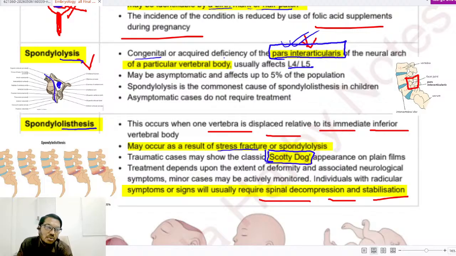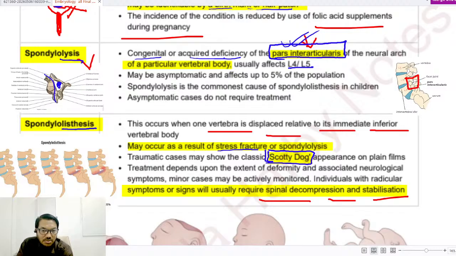It is either congenital or an acquired deficiency, maybe due to trauma. The patient will have severe nerve compression, and may present with features of paralysis depending on the level.